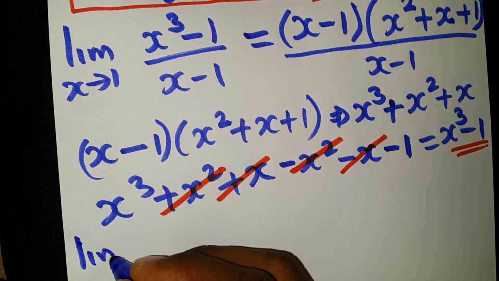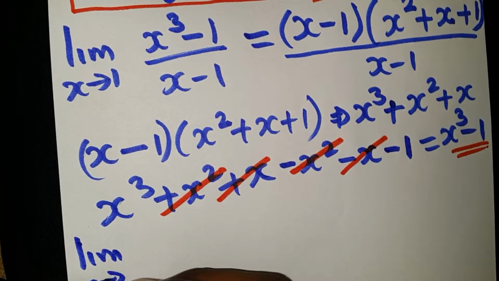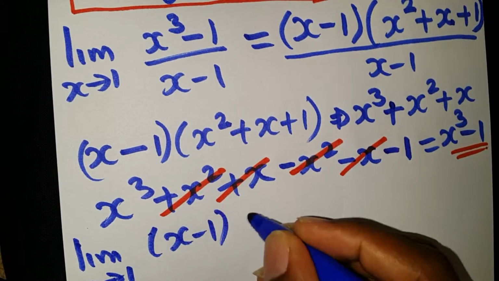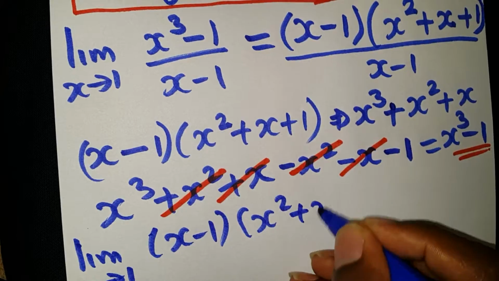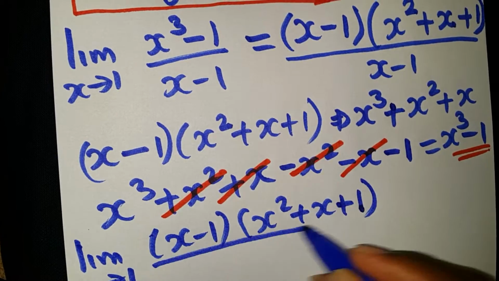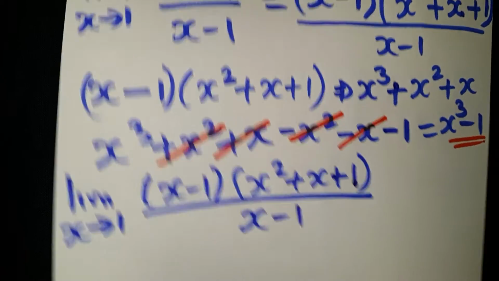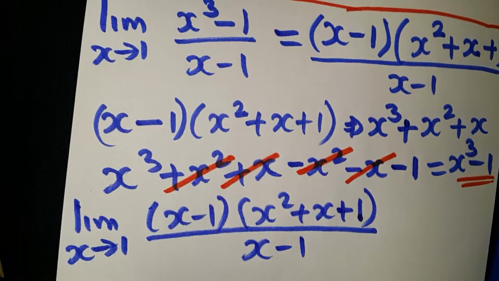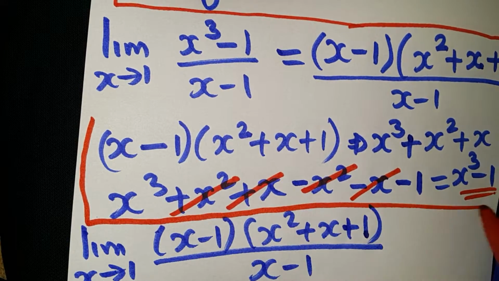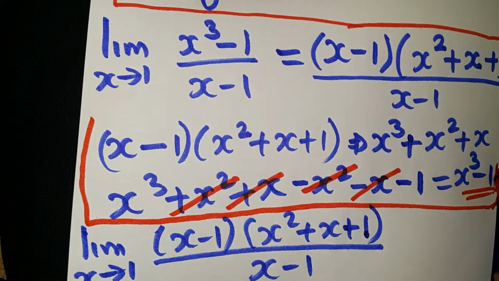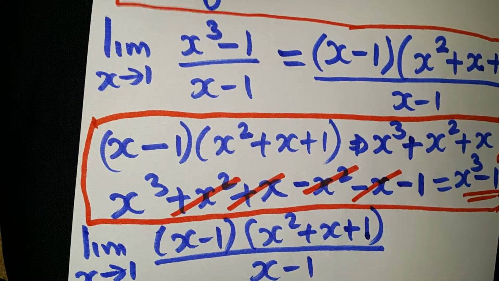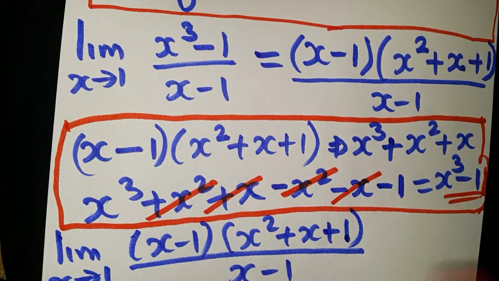We have limit x tends to 1, x minus 1, x squared plus x plus 1 divided by x minus 1. So this is what we have. I just checked that this is the expansion of our function. Yeah. So we have this.